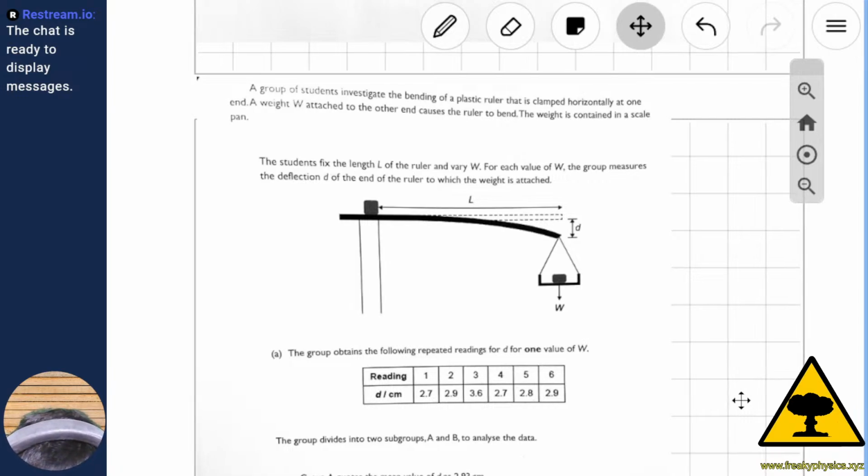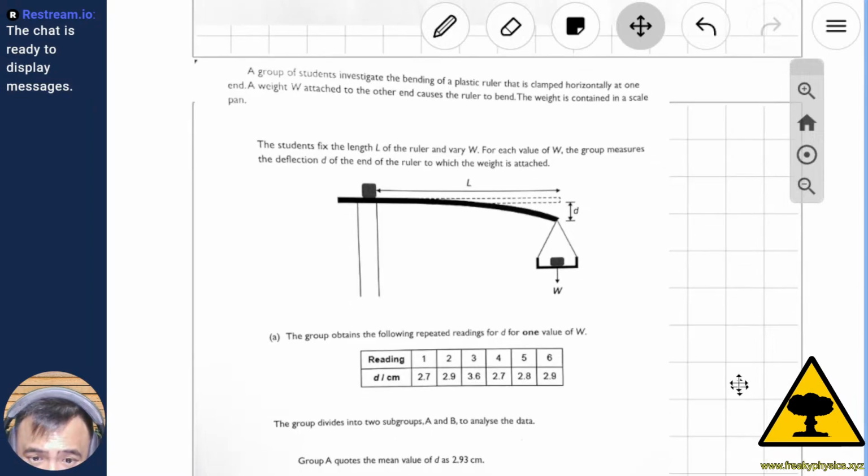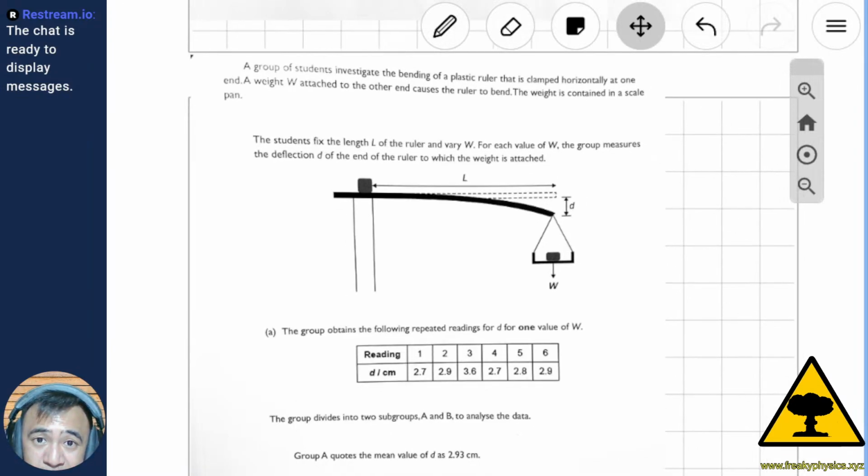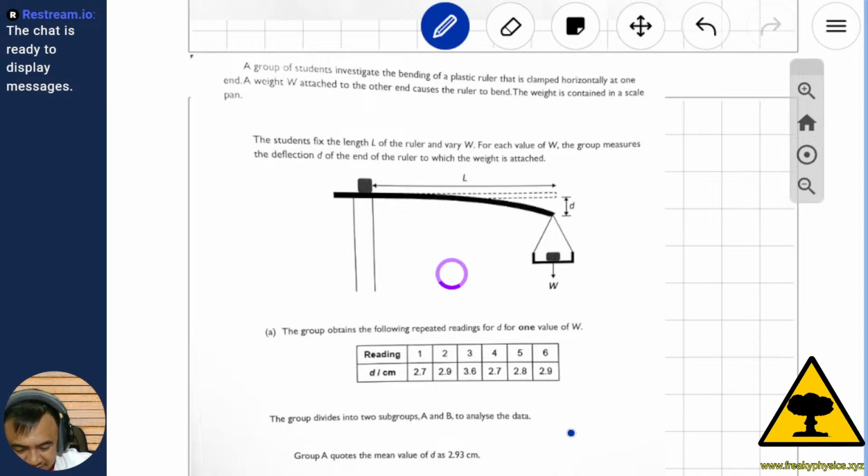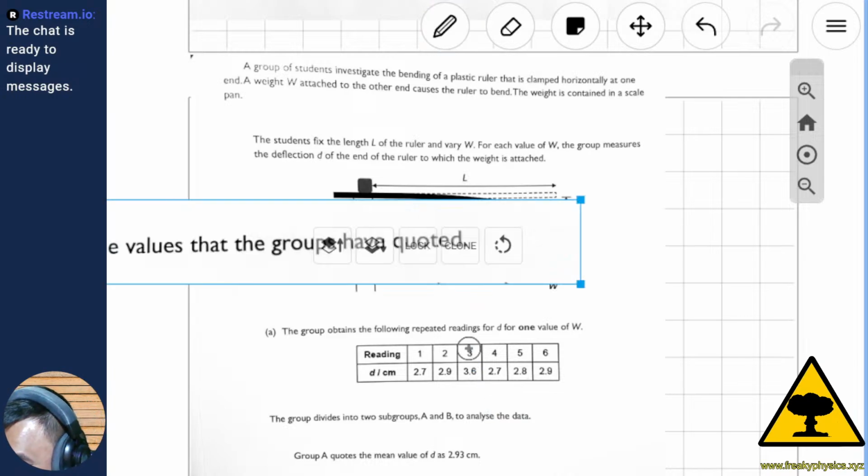All right, so that's the first image. Let's take a look at A. Where is A? Discuss the values, right? So let's just put this here: discuss the values. In this case, you are supposed to comment on which one is accurate and which one is precise.